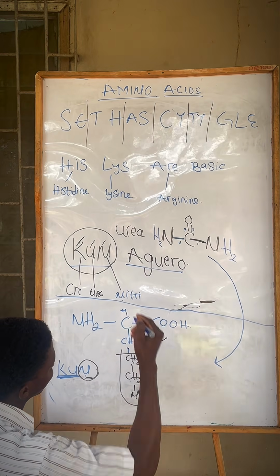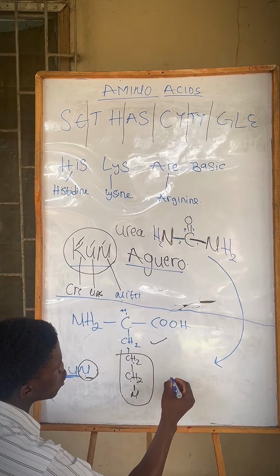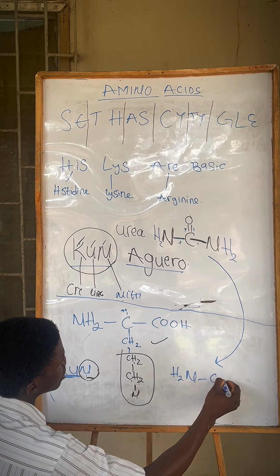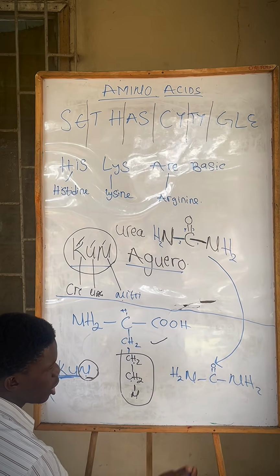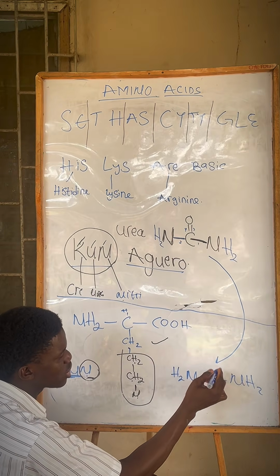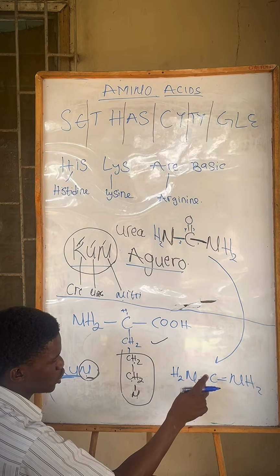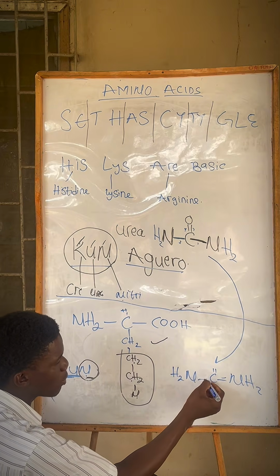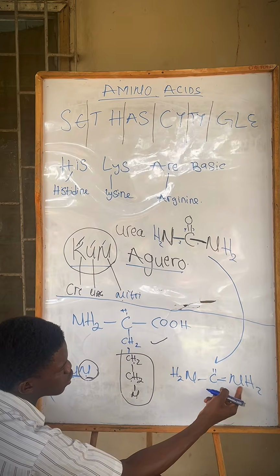Now, if this urea is coming here, it will lose that oxygen. Are you with me? So I will now have NH2, N, carbon, NH2, right? It is supposed to have a double bond to oxygen, but it has lost this oxygen. Now, because it has lost the oxygen, this double bond will then be found either between this nitrogen and carbon or between the other nitrogen and carbon.